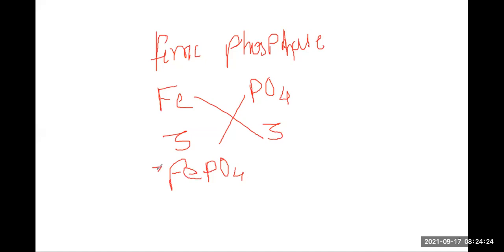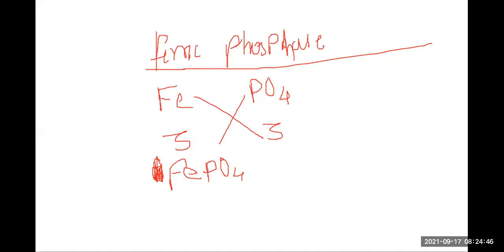You can write it like this also, but since ferric is given, we are not writing the 3 here. Remember, understood? Why are we not writing 3 here? Because it's mentioned ferric phosphate. If it were mentioned as ferrous phosphate, then we could write the 3. But actually it's not mentioned like this. Okay, got it? Yes or no?